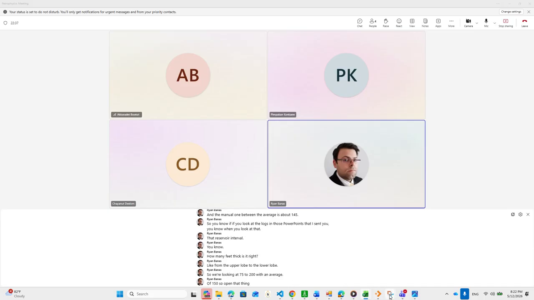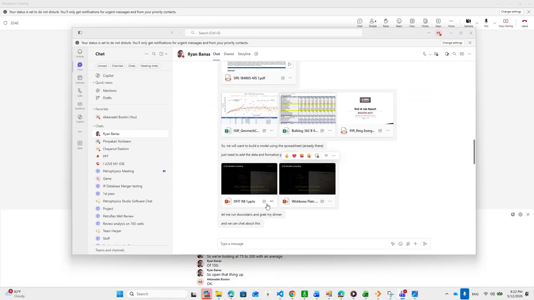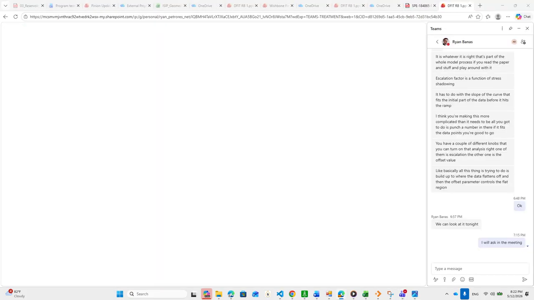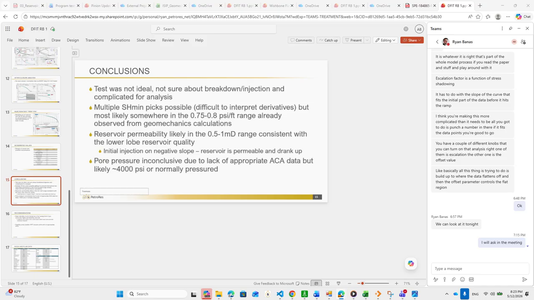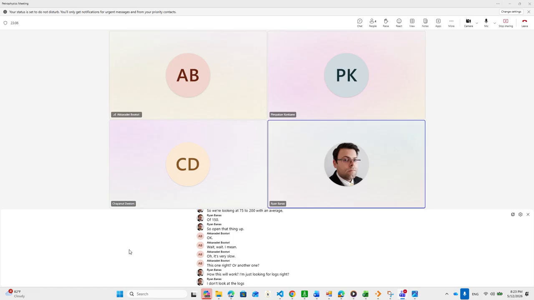So open that thing up. I'm just looking for logs, right? I want to look at the logs. Find a slide with logs on it.